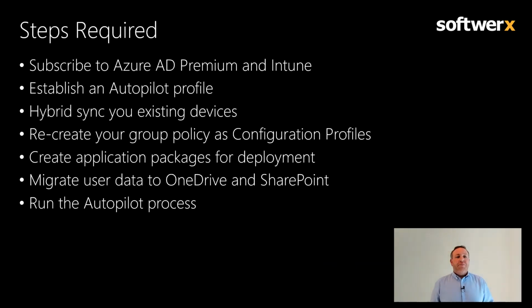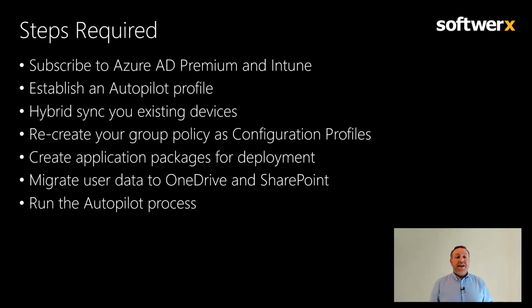So let's recap through the steps required to use this service. You need the right licenses from an EM&S or a Microsoft 365 bundle. You need at least one Autopilot profile to be configured. AD Connect needs to be configured to sync any existing devices that you want to onboard.